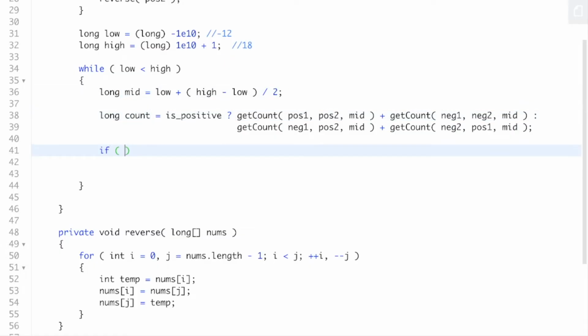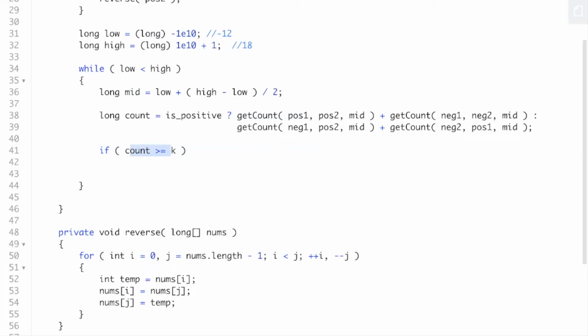Now we check if the number of products we have is greater than or equal to k. Then we have too many products, because we only want k products. Even if we had exactly k products, we still have to keep trying smaller numbers, and I went over why earlier.